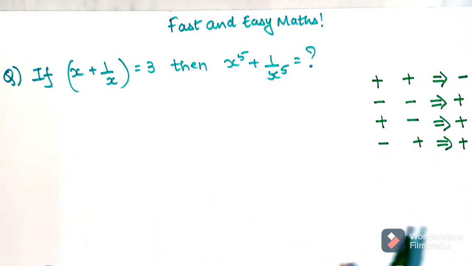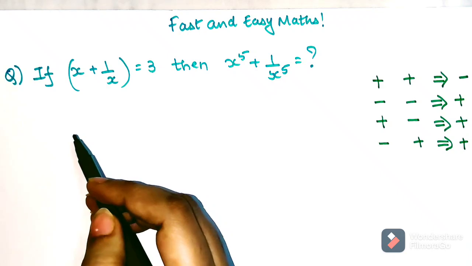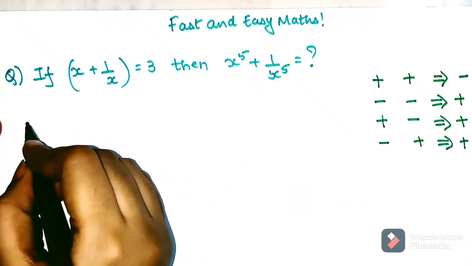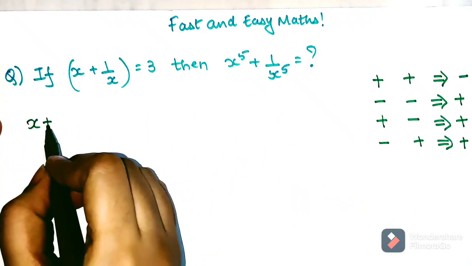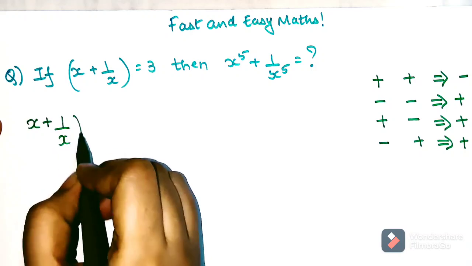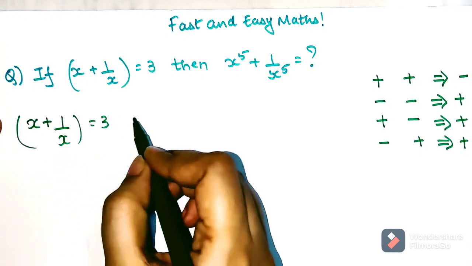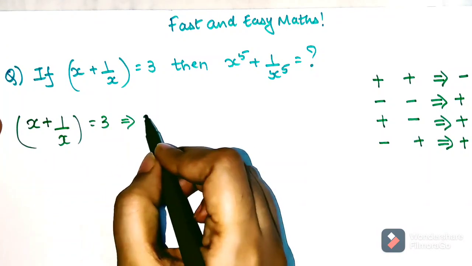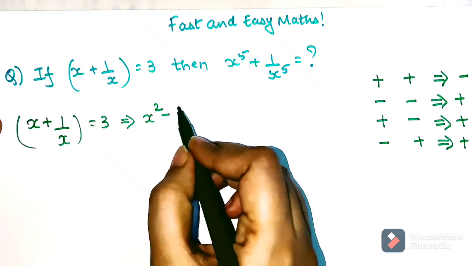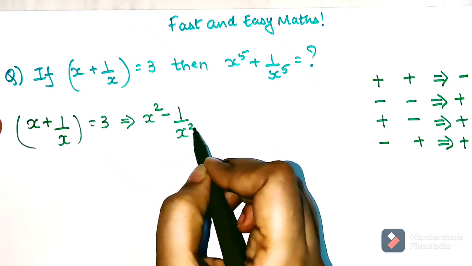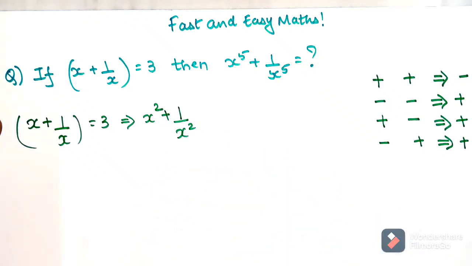Okay, so now let me first make you understand what will be the case if the question was changed and we had to find x square plus 1 upon x square.